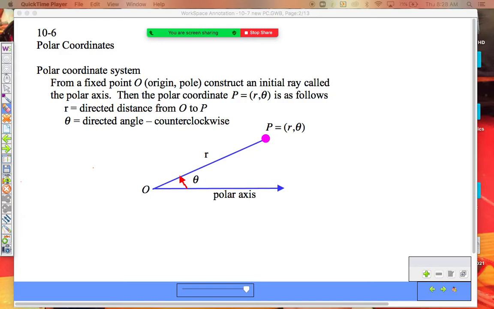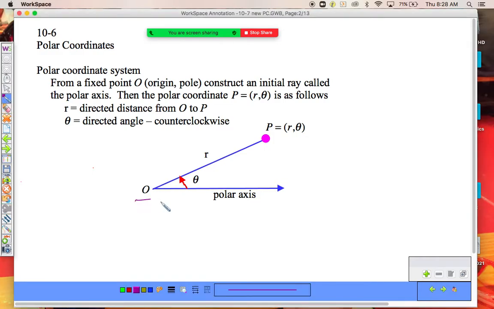So our polar coordinate system starts from a fixed point O, our origin or pole, which is our vertex. We're going to construct an initial ray, which is our polar axis. That's the initial side of our angle. Our polar axis is going to be the positive x-axis.